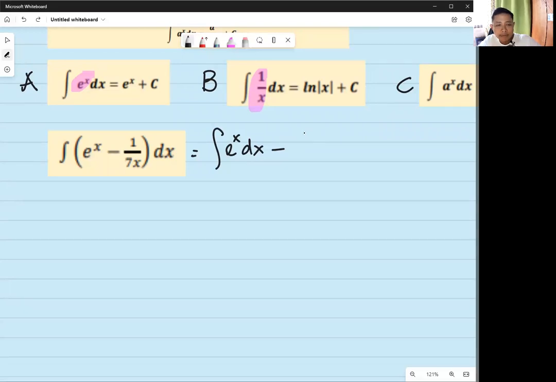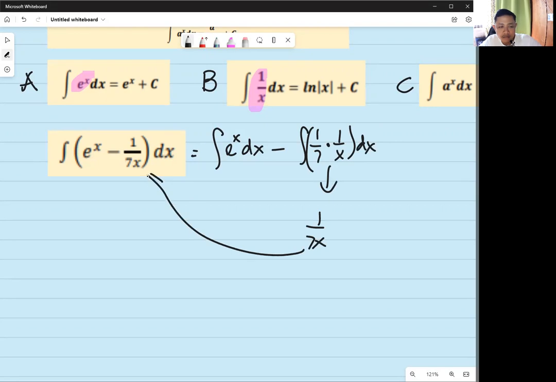The integration of, let's separate it right away, 1 over 7 times 1 over x. Do you think they will just be the same? Why 7 also? 1 over x. Do you think that they will just be the same? Yes, of course, because when you multiply this, it will be equal to 1 over 7x.